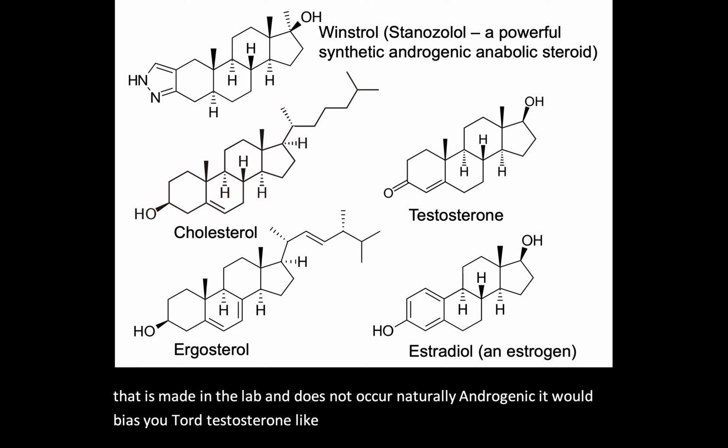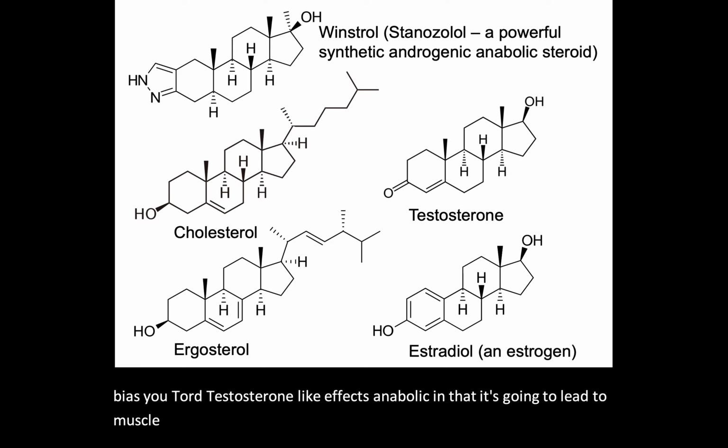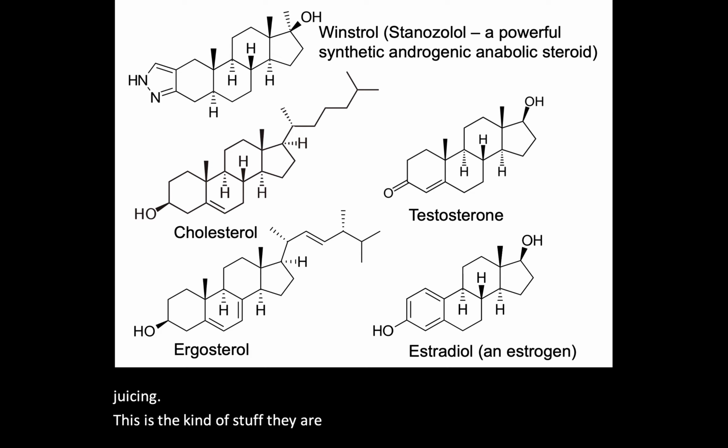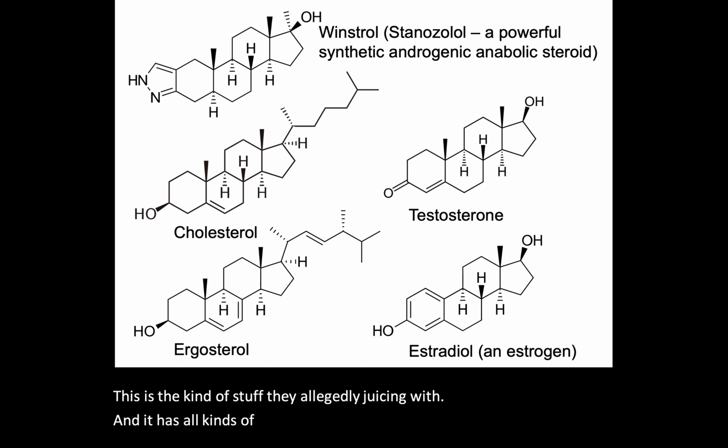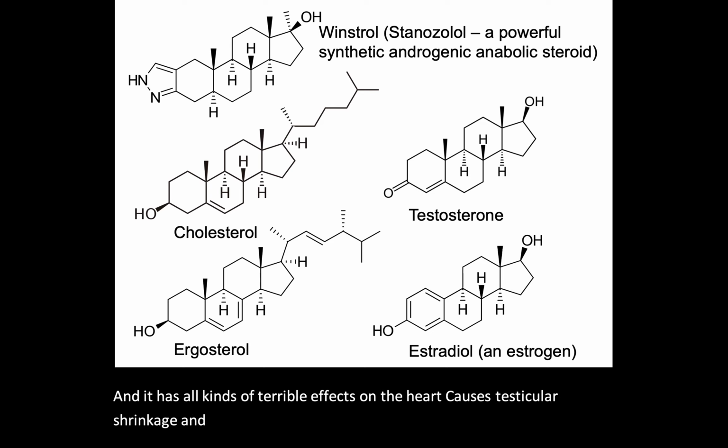Anabolic, in that it's going to lead to muscle growth. So this is when Barry Bonds or whoever is allegedly juicing, this is the kind of stuff they are allegedly juicing with. And it has all kinds of terrible effects on the heart, causes testicular shrinkage and all kinds of stuff like that, if I remember right.